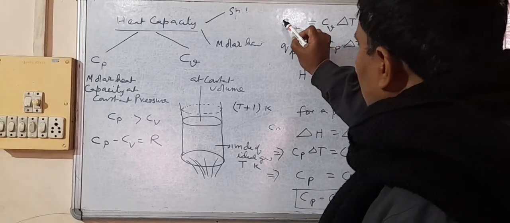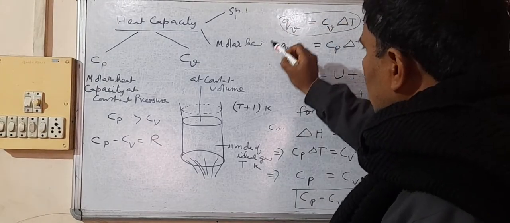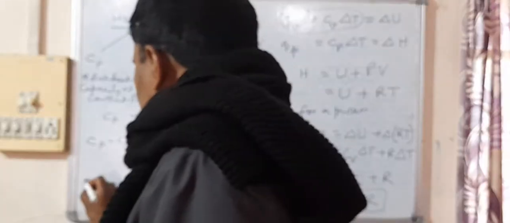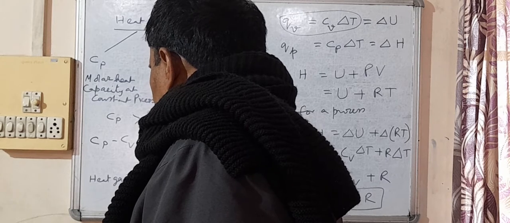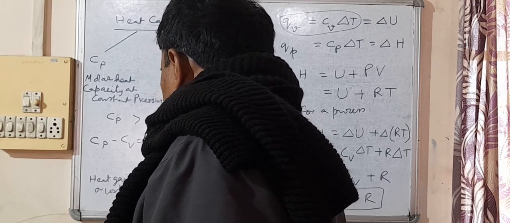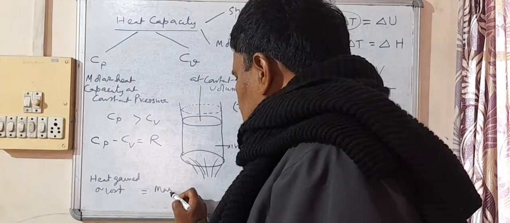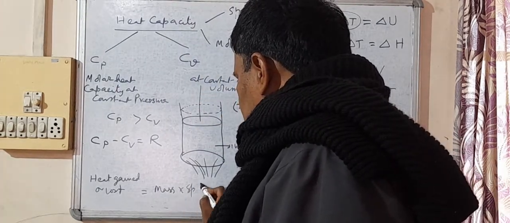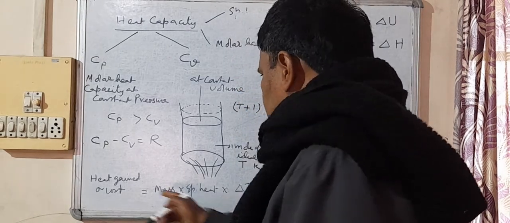Now if you have a confusion about where this relation has come from, let me tell you that heat gained or lost is from this simple concept: mass into specific heat into temperature change.